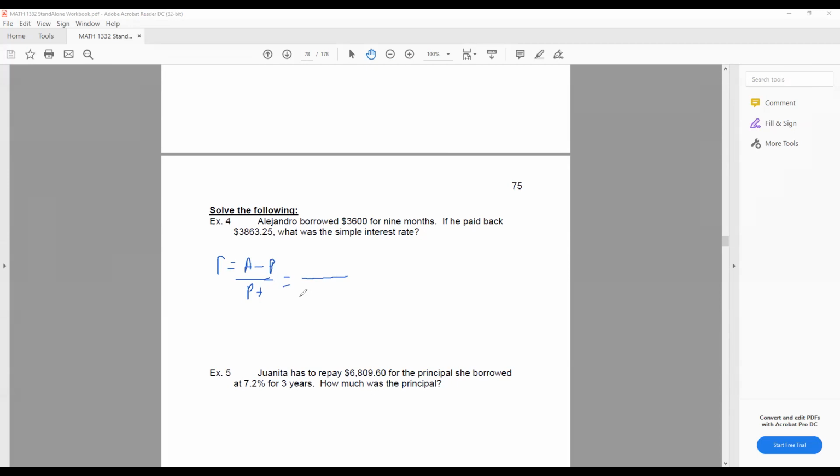So write down all the variables, example 4. P is 3,600, that's what he borrowed.